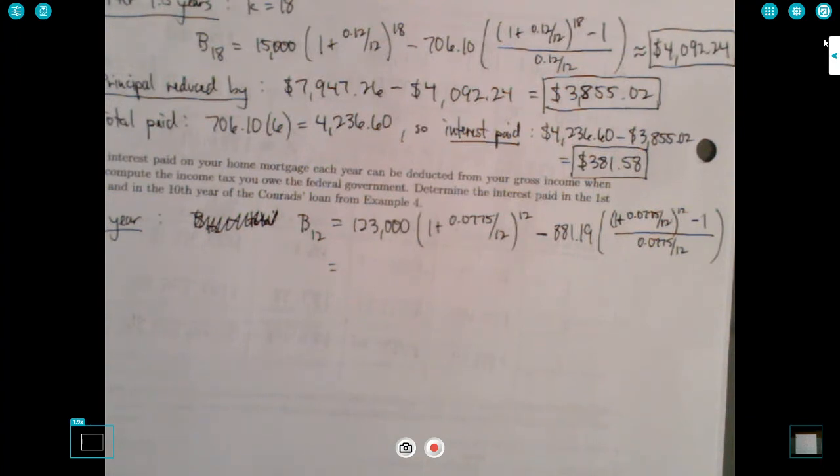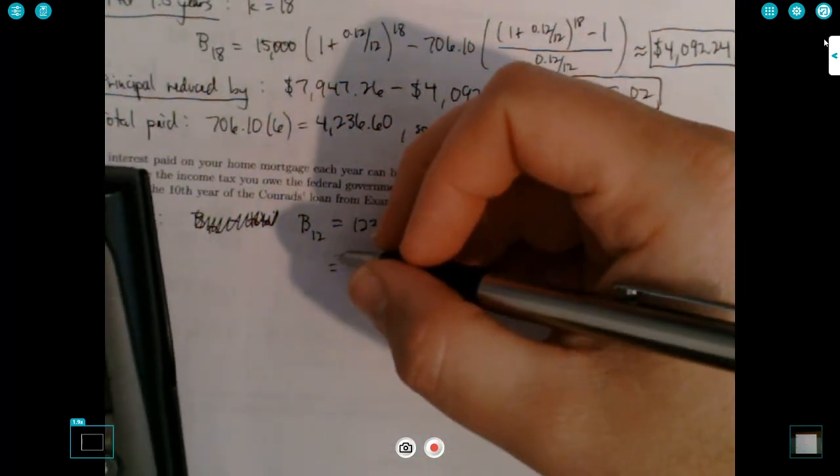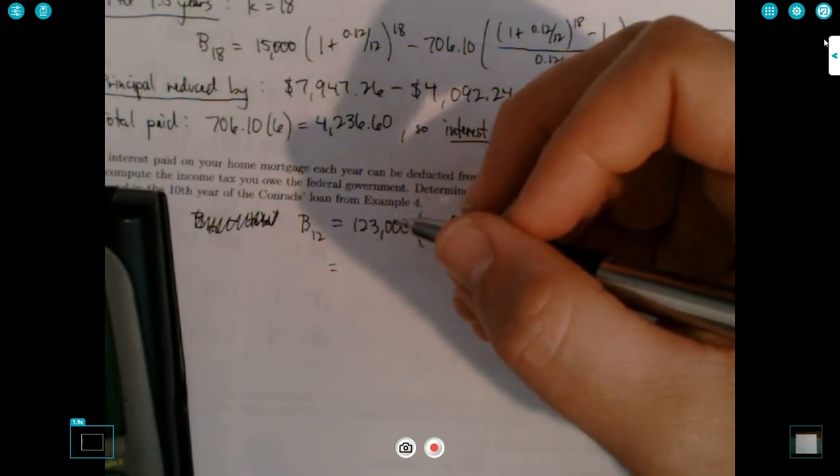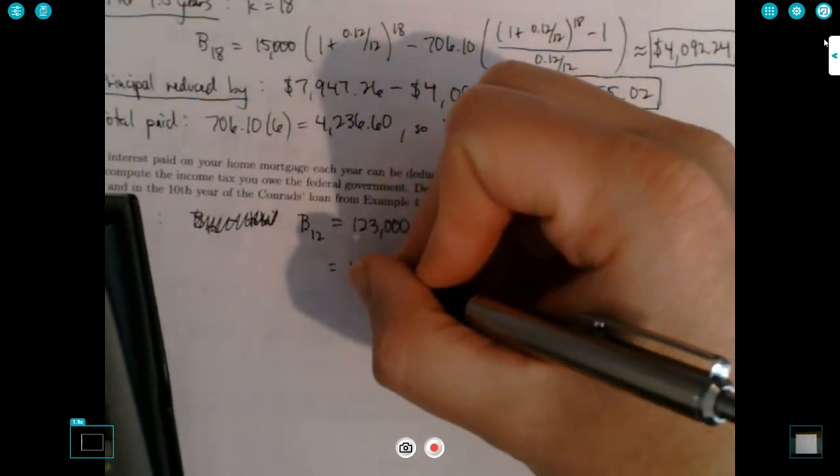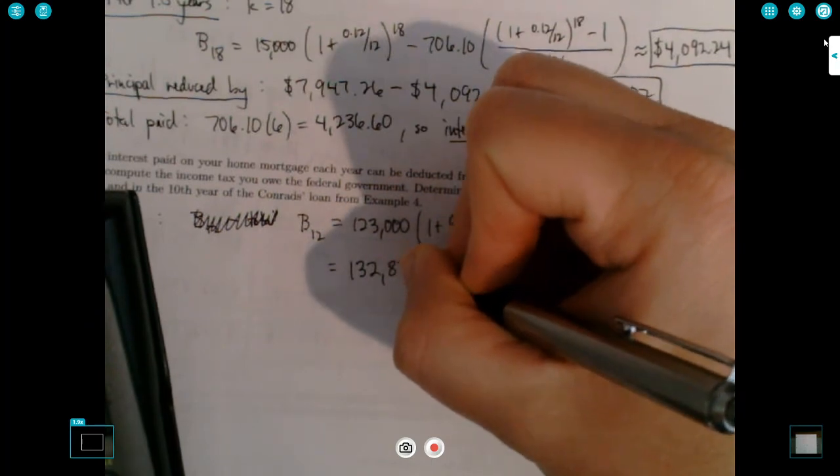Let me try again. 1 plus 0.0775 divided by 12 to the power of 12 times 123,000 is $132,878 and we'll say 50 cents.